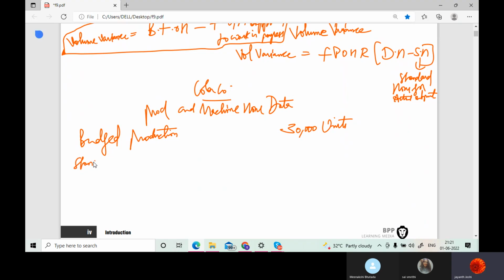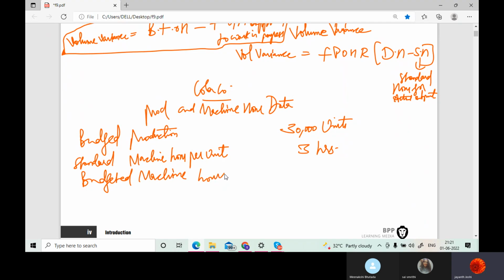Standard machine hours per unit: 3 hours. So budgeted machine hours will be 90,000 hours. Those are planned ones. Your budgeted machine hours are nothing but the number of hours you want to work.